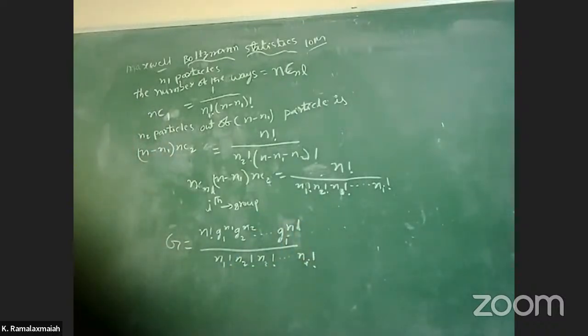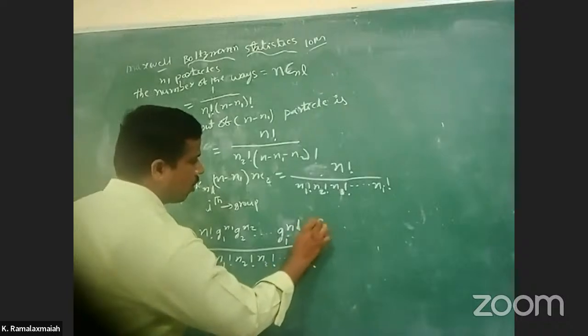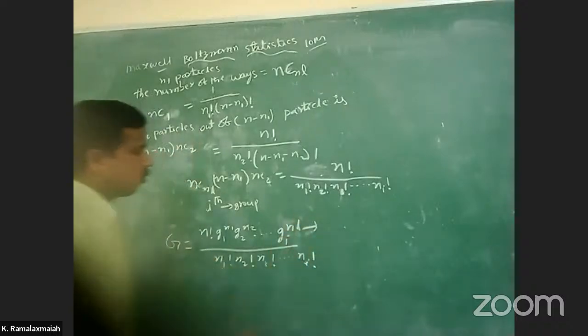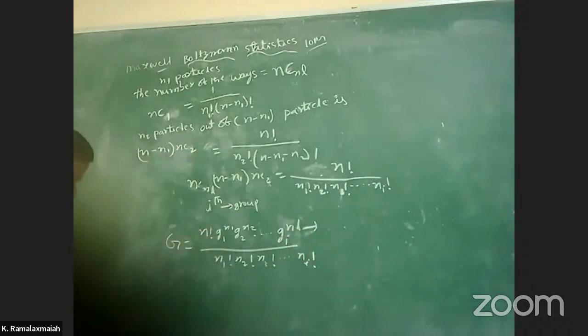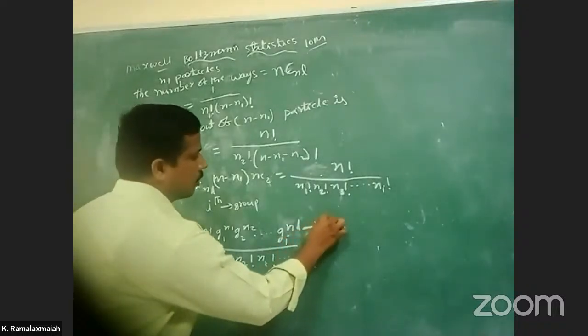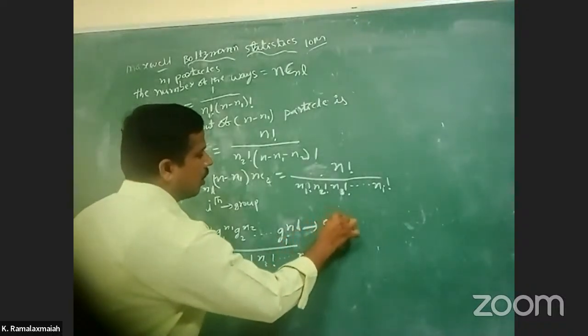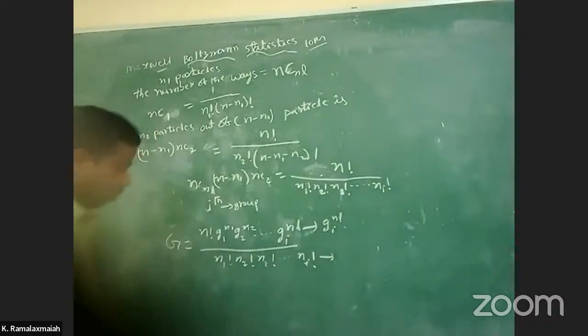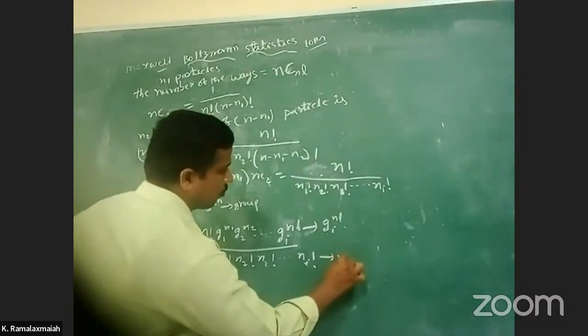So this total value is gi to the ni by ni factorial.